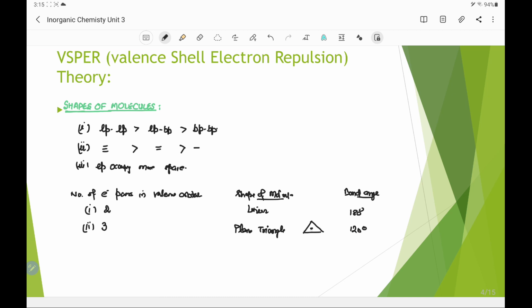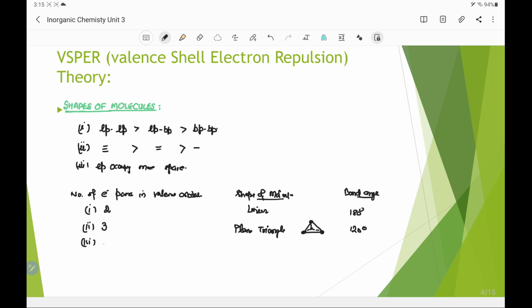Say this is the central atom and 3 bond pairs or lone pairs are at the vertices, and this is in a plane, and the angle between these bonds with the center will be 120 degrees if these are purely bond pairs. If there is a lone pair, then there will be some distortion.